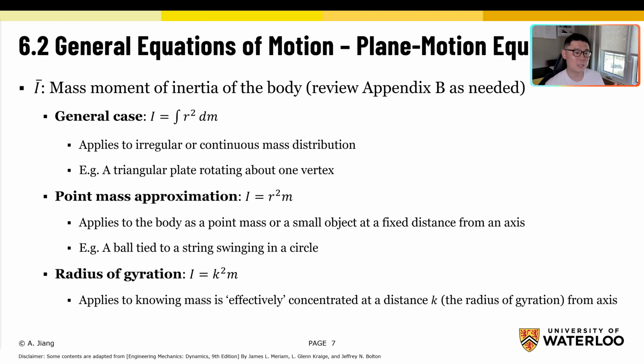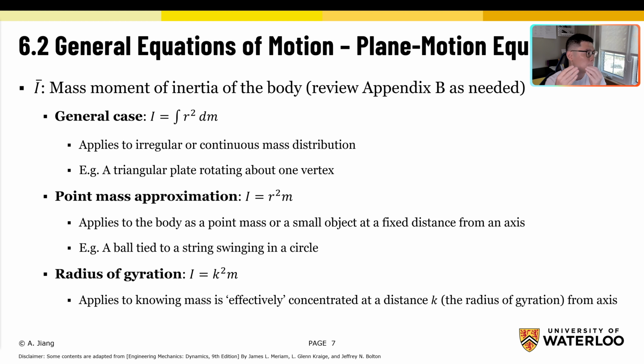The other common scenario is called the radius of gyration, I equals k squared m. This is based on an assumption that the mass of the object can be treated as if it is essentially concentrated at one point, at distance k from the rotating axis.